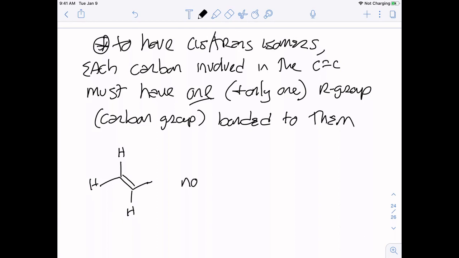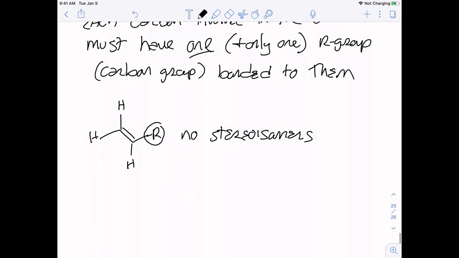No stereoisomers. I only have one R group right here, one carbon-based group, and there's nothing to be cis or trans to it. There's nothing on the same side or the other side. Hydrogens, I'm counting them as nothing, so there's no carbon-based groups.